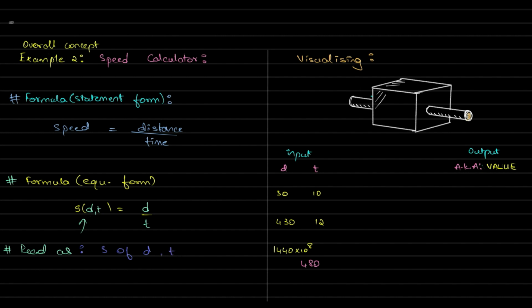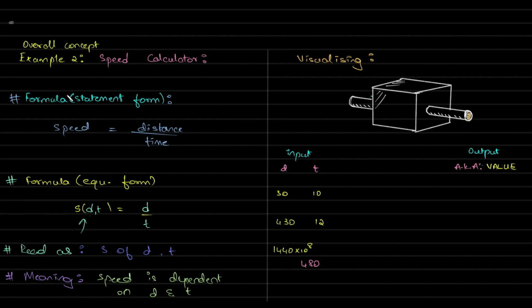What does it mean? It means that speed is dependent on distance and time. So distance and time are independent variables while speed is your dependent variable in this particular case.